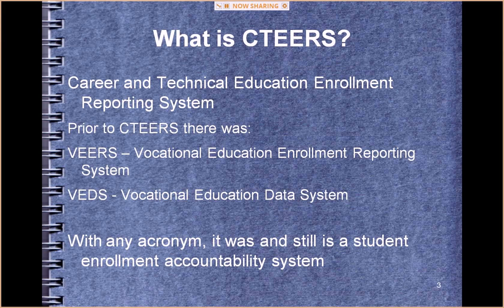Prior to CTEERS, there was VEERS, the Vocational Education Enrollment Reporting System, and prior to that was VEDS, which was the Vocational Education Data System. I participated in all of the reporting systems since 1982, I believe. Within the acronym, it was and still is a student enrollment accountability system.